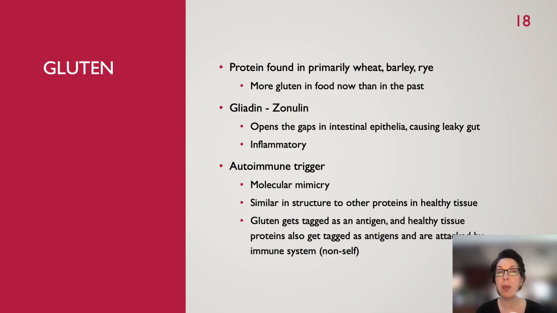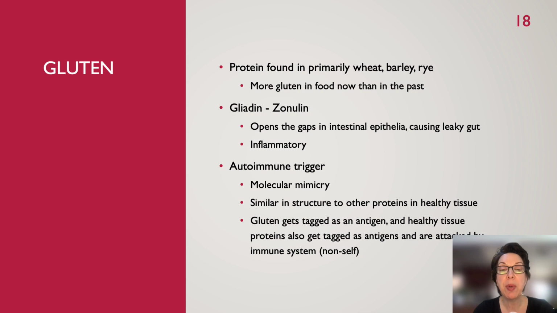And remember when we talked about leaky gut in module 1, those little tight junctions are like my fists together, and then zonulin kind of wedges in there and opens them up, and all these unwanted food pathogens, you name it, all of these things that are inflammatory go into the bloodstream and cause inflammation.